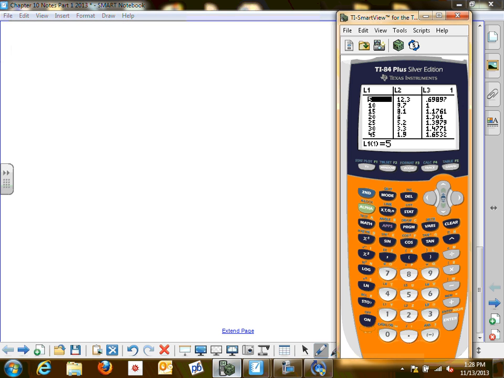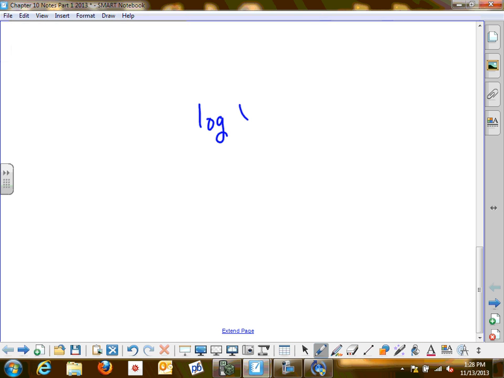So here's what happens. If you have log of x equals y, there's an understood base 10 right here. So when you used your log functions and you did those in Algebra 2 and pre-calculus, here's what happened. You went base 10 to the y power is what you get for x. Okay, so here's what's in our list.